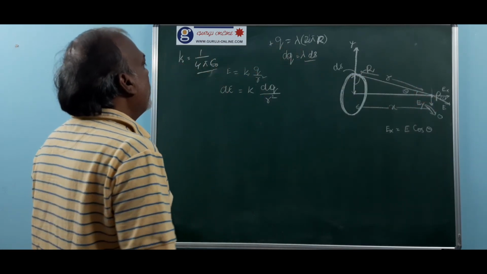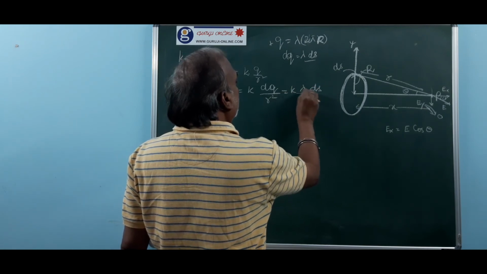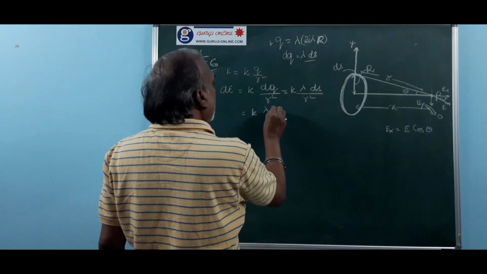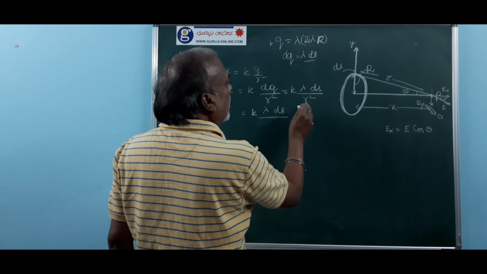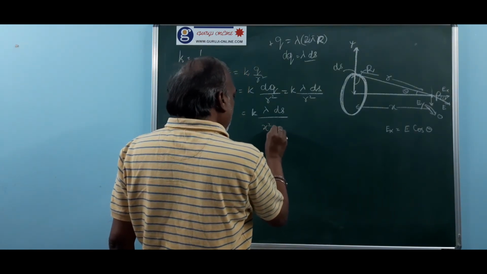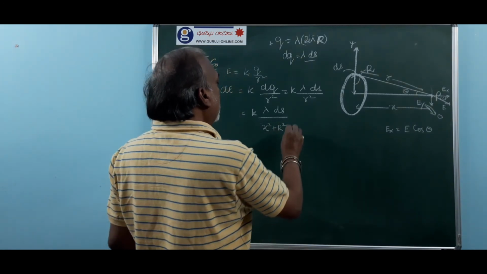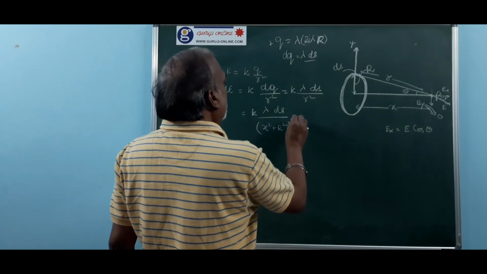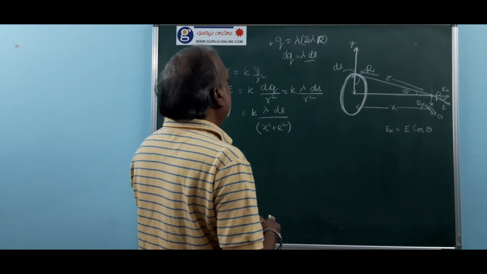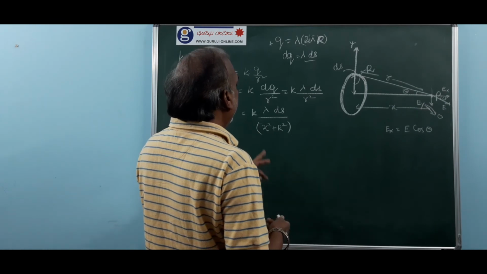And this is nothing but K lambda ds upon R square, where R square is nothing but x square plus R square.